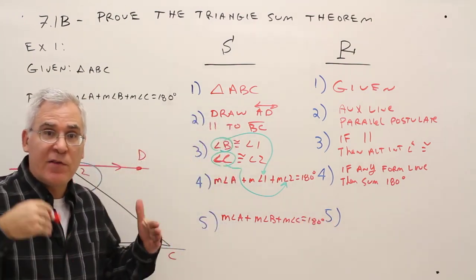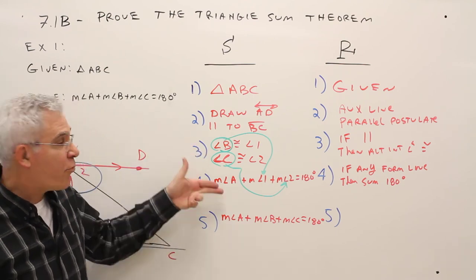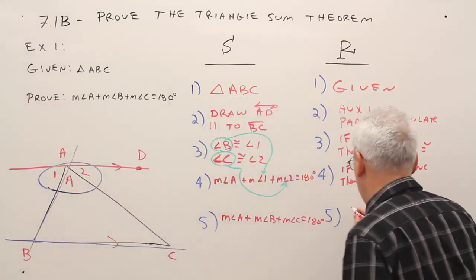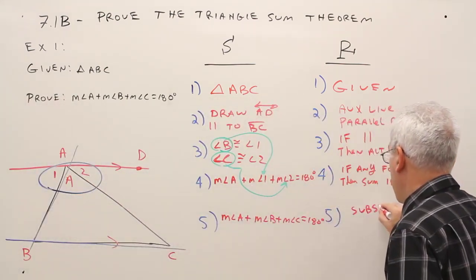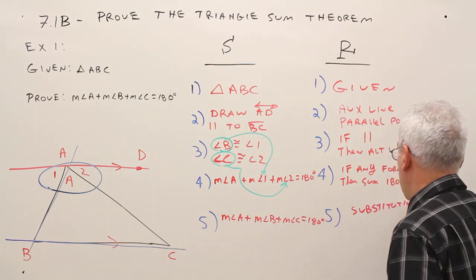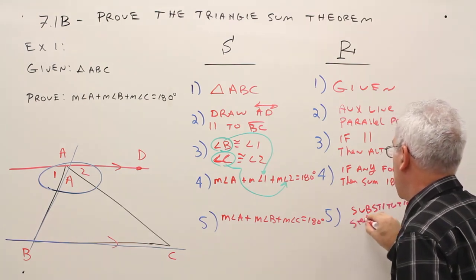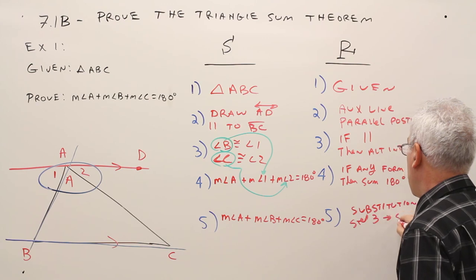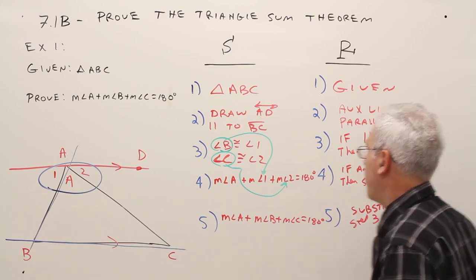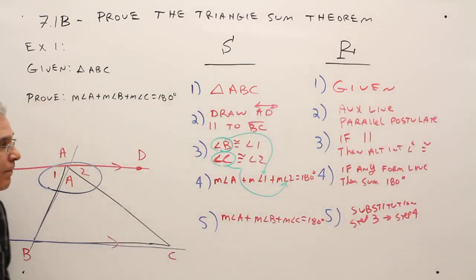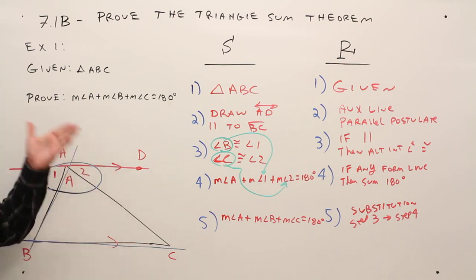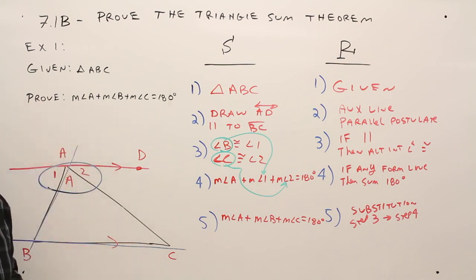And the reason is going to be substitution, step 3 into step 4. And there you have it, a proof of the triangle sum theorem.